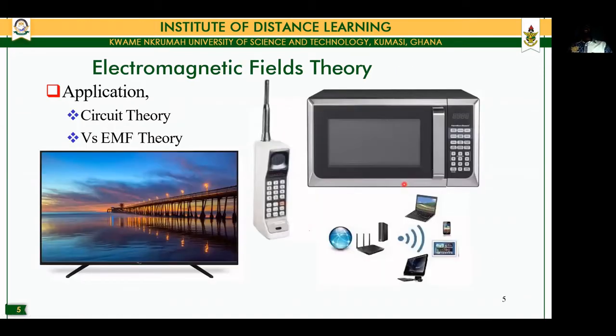Again, another perspective to help you understand electromagnetic fields theory better is to look at circuit theory versus electromagnetic fields theory. You're familiar with circuit theory. Let me give you a little background about circuit theory.